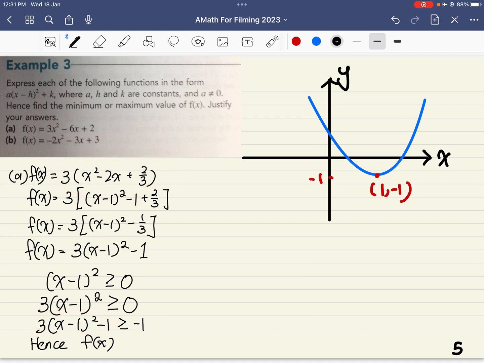So here I can say that f(x) is greater than or equal to negative 1. So that means that for this function there is a minimum point, because negative 1 is the lowest value and the value just increases from there. So the statement I can make is this has a minimum value of negative 1.